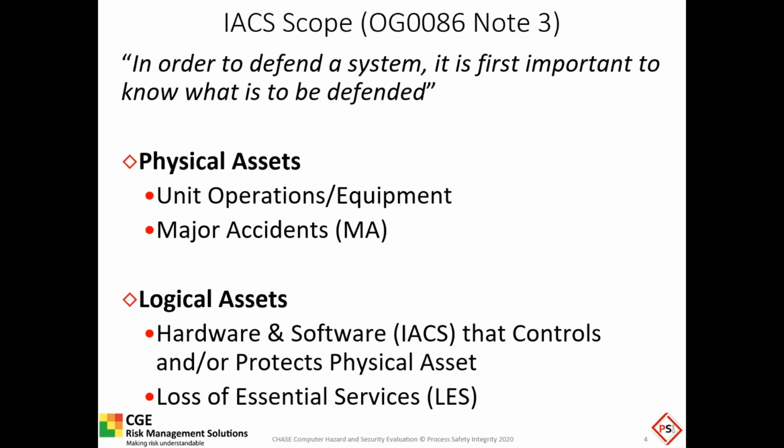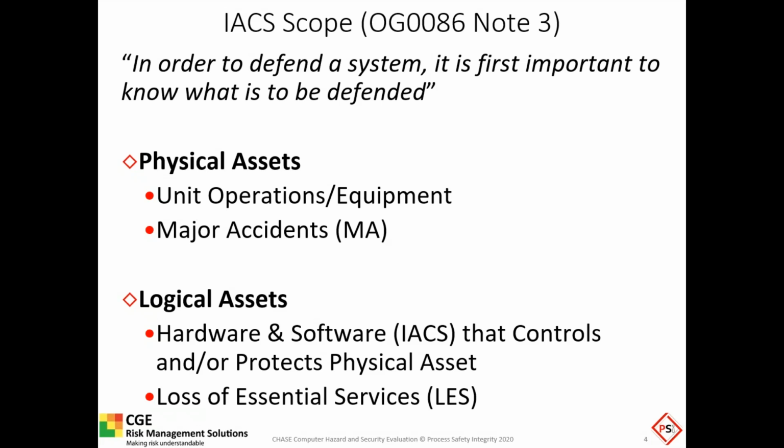So starting off with a really useful quote from the HSE OG0086 guidance. Fundamentally, you can't defend what you don't understand. You really need to be aware of what you're defending, why you're defending it, and how you're defending it. And as I said earlier, we're looking at two different assets here.